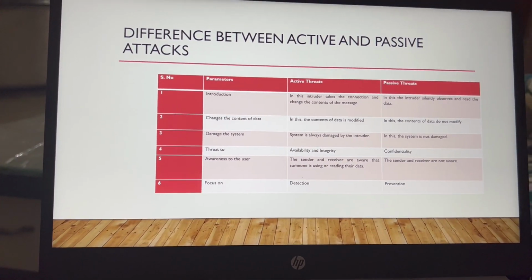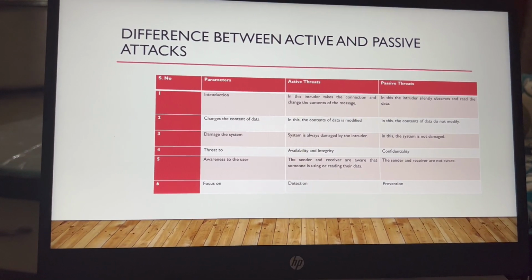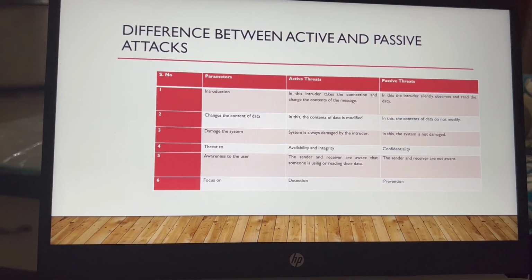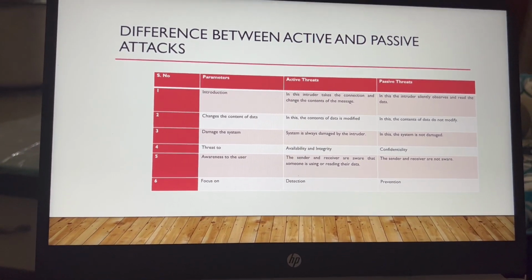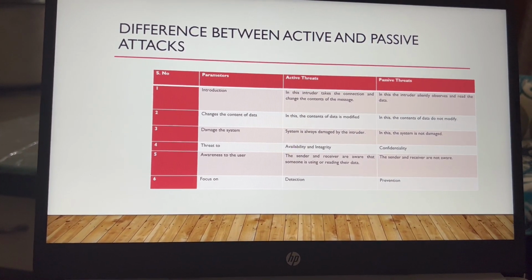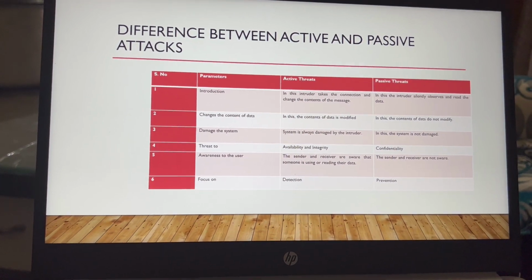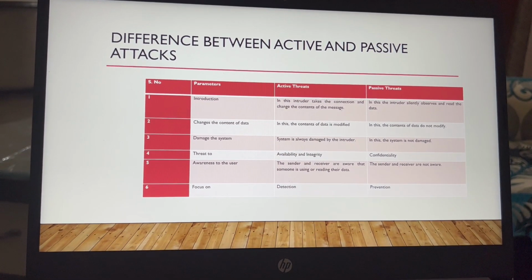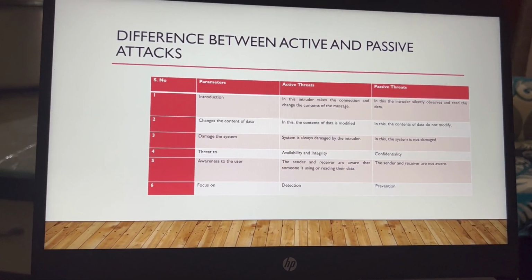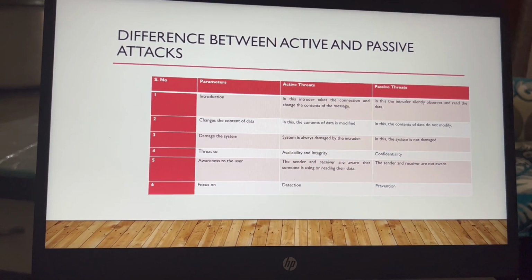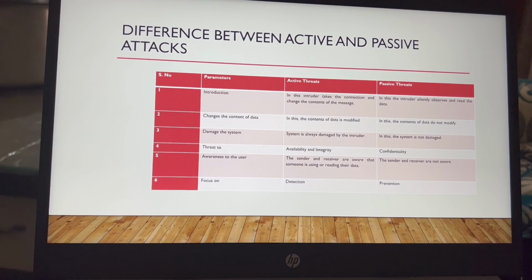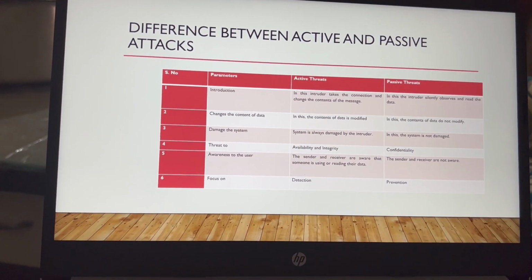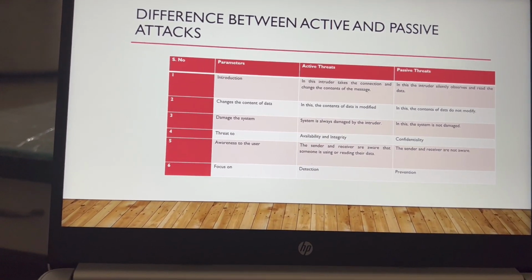Fifth one is in active attacks, the sender and receiver are aware that someone is using or reading their data, but in passive attacks, they are not aware that their data is read by a third person. We are talking about the last difference. In active threats, the focus is on detecting, but in passive threats, we focus on preventing the attacks.